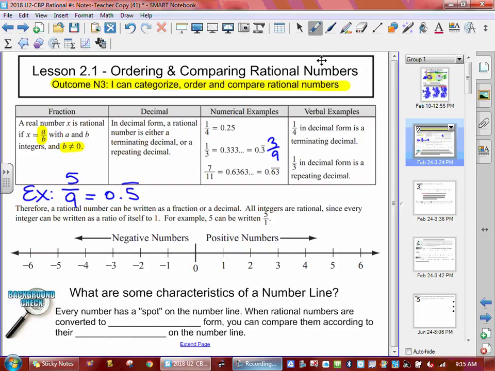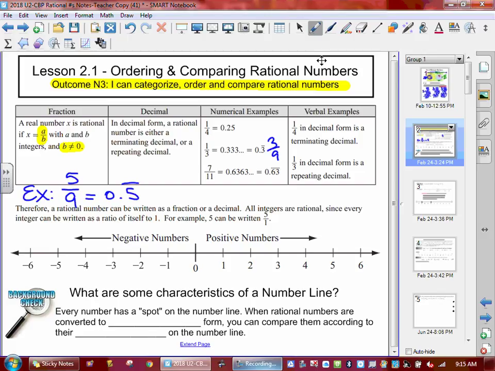The 4, 0.44444. What if I go 1 over 9? 0.11111. Good. What about 7 over 9? 0.7777 forever. Okay? So that's how we deal with those guys. Now remember, these repeating or terminating decimals, they are still rational numbers. Okay? Because we can put them into fractions.